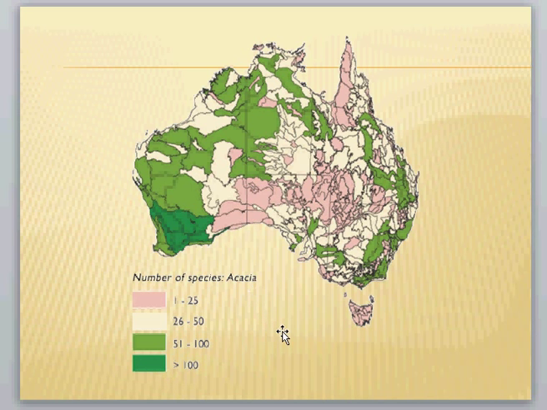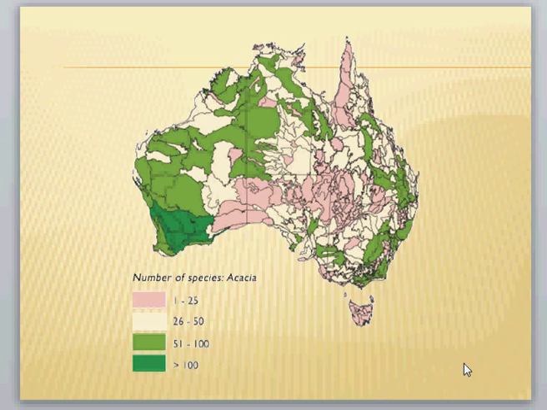So the areas which tend to have the highest numbers of acacia are down here in the south west of Australia, where there is Mediterranean rainfall, and also here down in the southeast and the eastern coast of Australia, where there is rainfall blown in by the trade winds from the tropical regions, and also rainfall coming in from the east from the more temperate regions in the Southern Ocean.